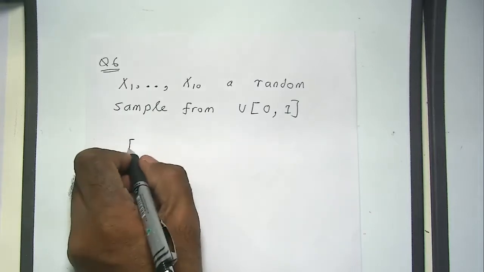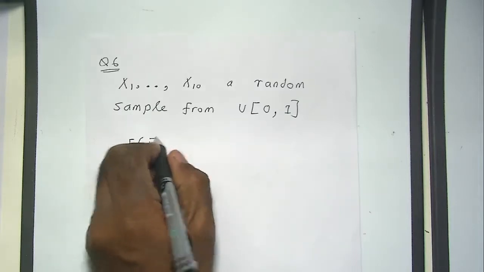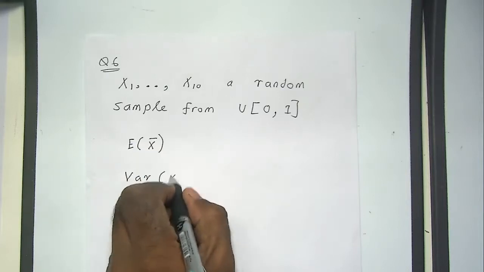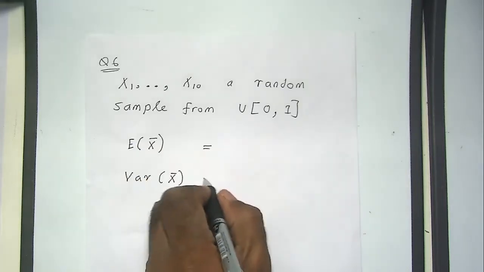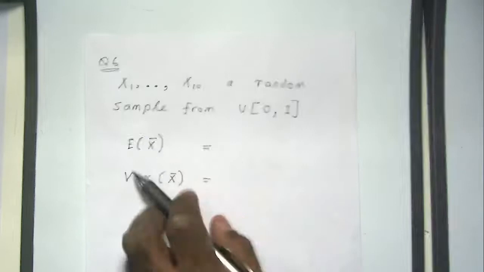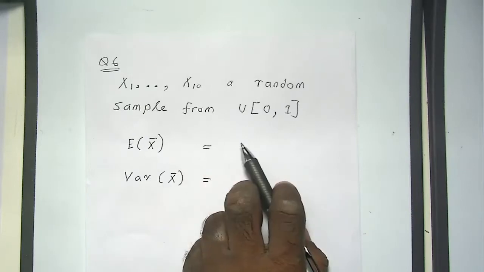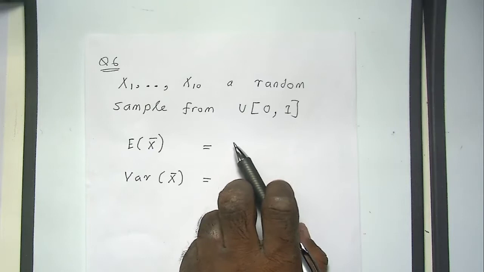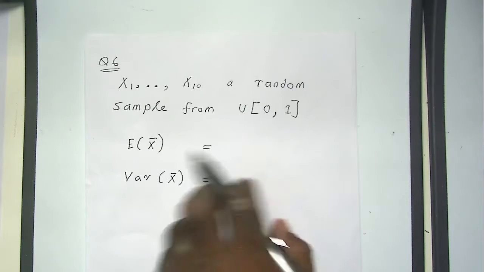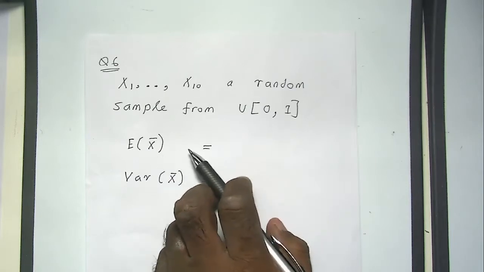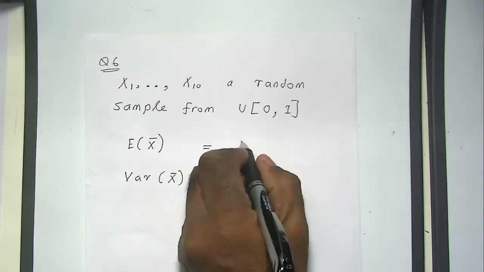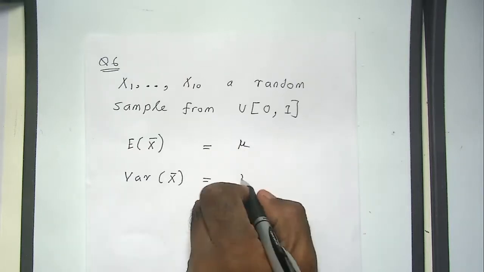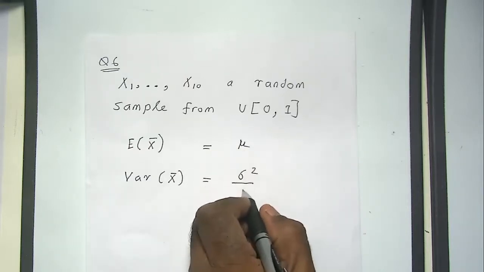If you look at the handwritten notes I gave you, you should know the formulas for this and this. What's the formula for the expectation of x bar? It is mu, right? And the formula for the variance is sigma squared divided by n, which is 10 here.